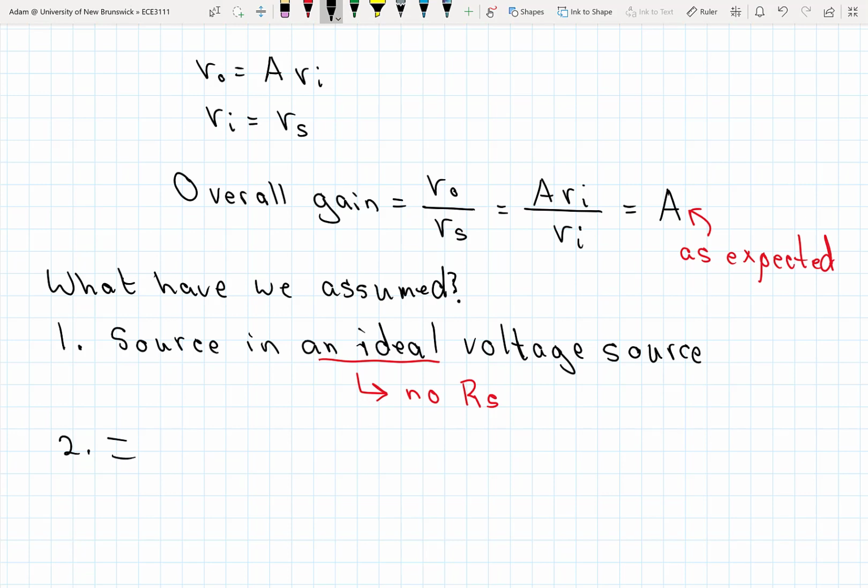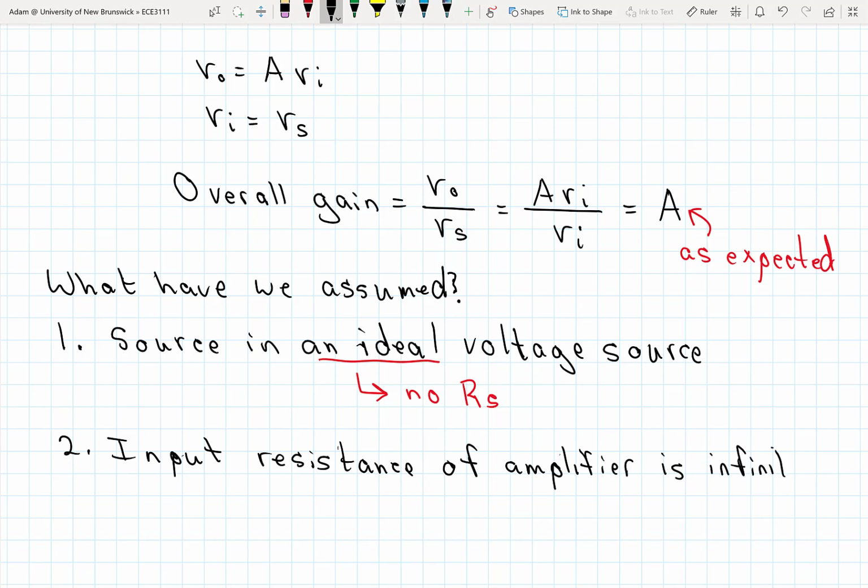We've also made the assumption that the input resistance of the amplifier is infinite. Okay, so we are assuming that our R_I is infinite.